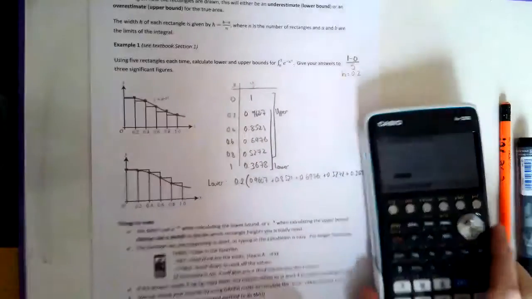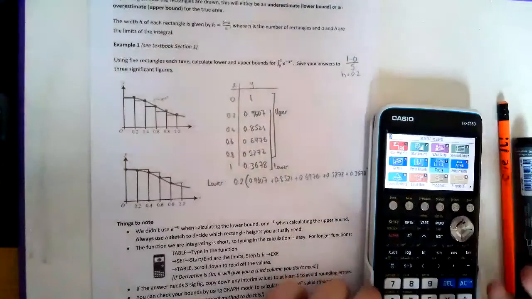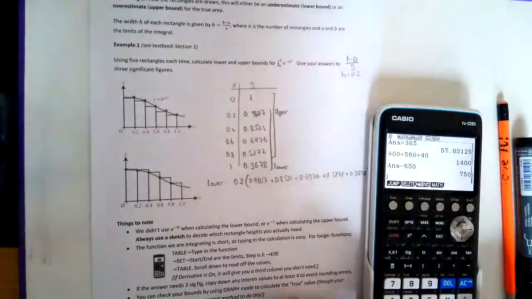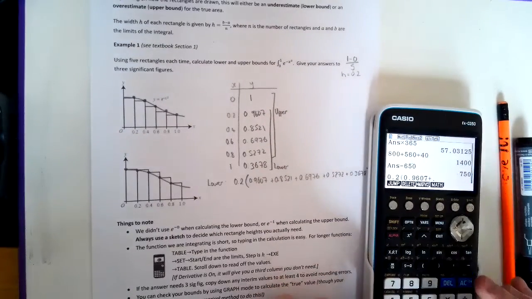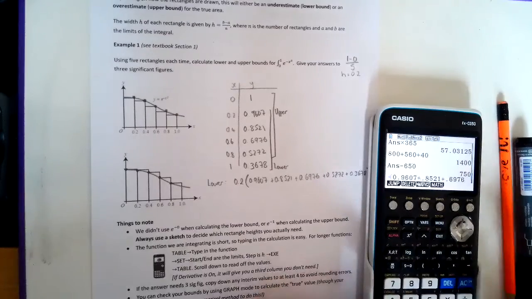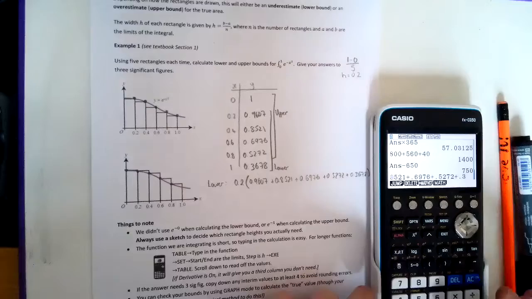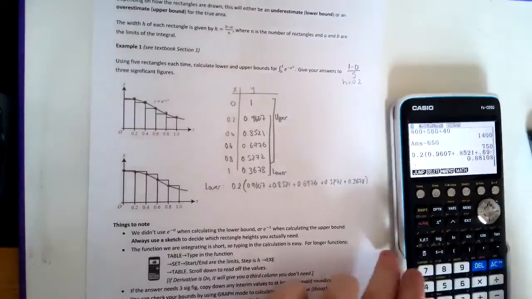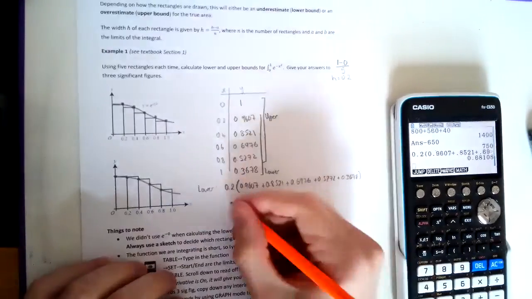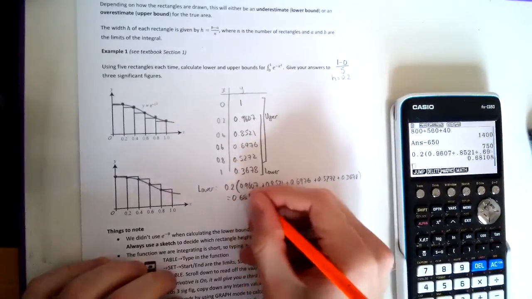Yeah, and then you just go on to your calculator mode, just type it in. So 0.9607 plus 0.8521 plus 0.6976 plus 0.5272 plus 0.3678. And that will give me, and we want 3 significant figures, so that gives me 0.681.